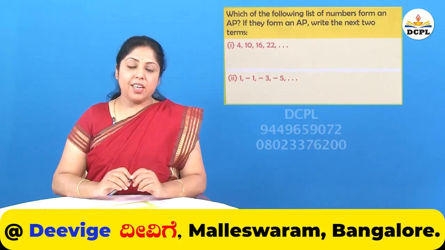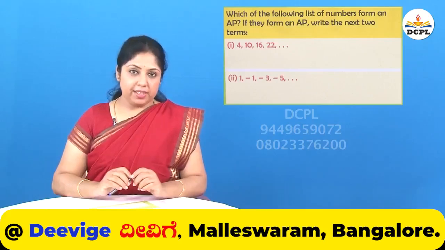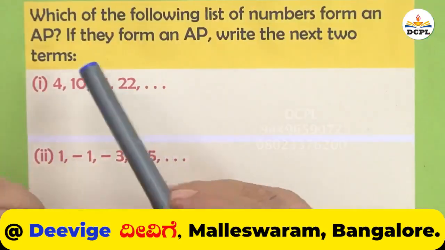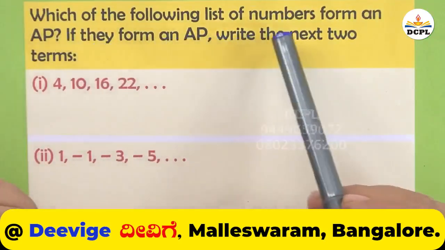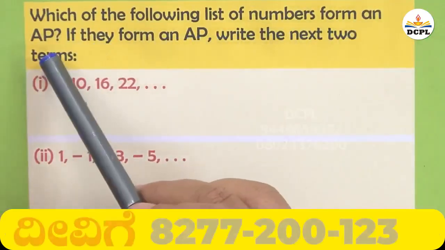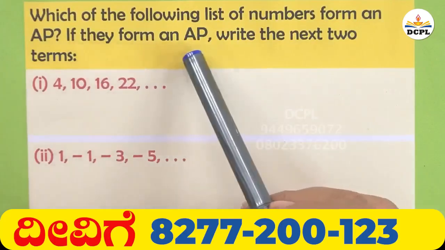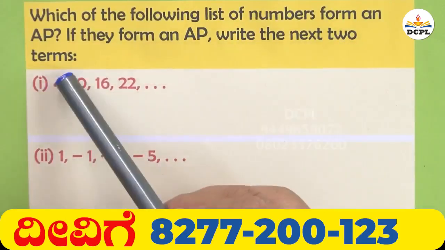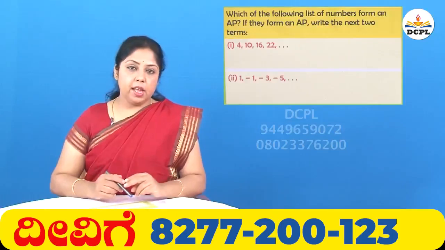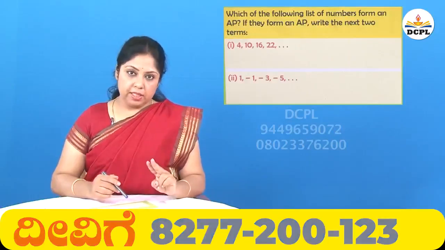Now students, let's move to the second worked example. The problem reads, which of the following lists of numbers forms an AP? If they form an AP, write the next two terms. Dear students, we have two problems here.